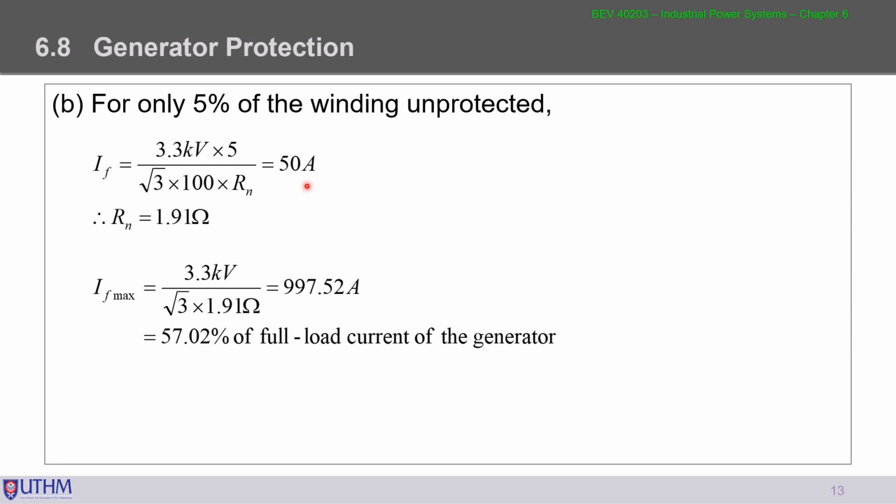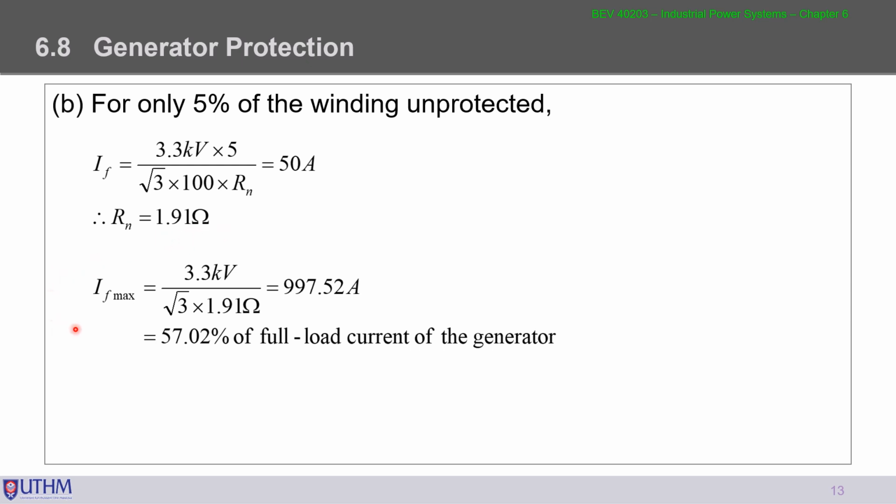This equals 50 A: from the question, the pickup setting of the relay is only 5%, which is Q, times the CT primary, which is 1000. So from 0.05 times 1000, we get 50 A. When we solve this formula, we get the value of Rn, which is 1.91 ohm.